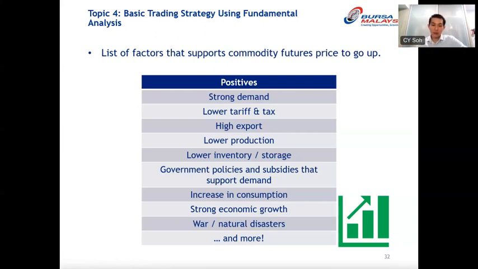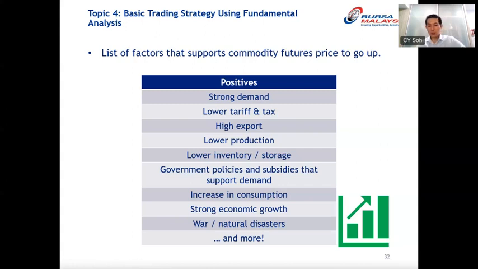Lower production, of course, would decrease production of the commodity, so it means lower supply. Lower supply will drive commodity prices up because buyers are generally willing to pay more in order to secure the limited available quantity.